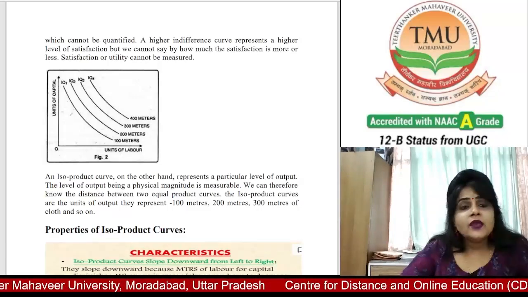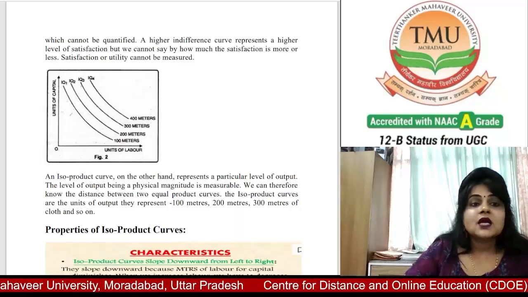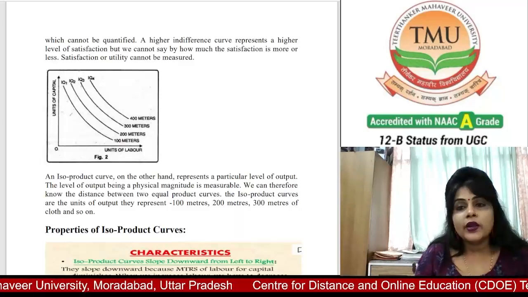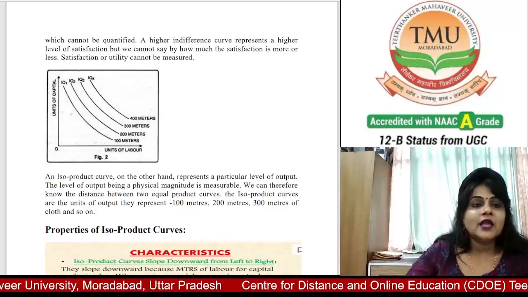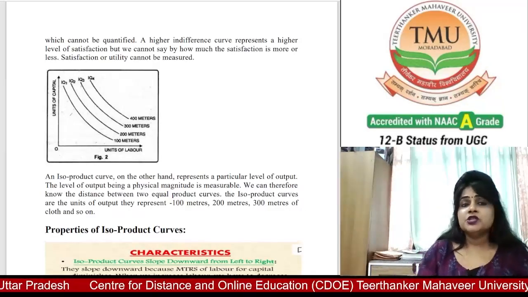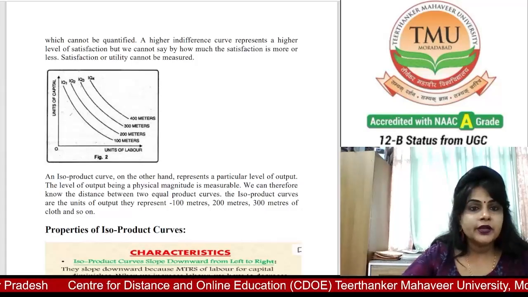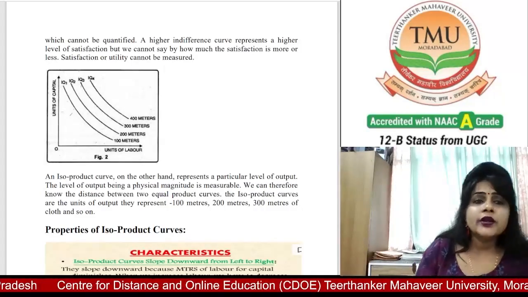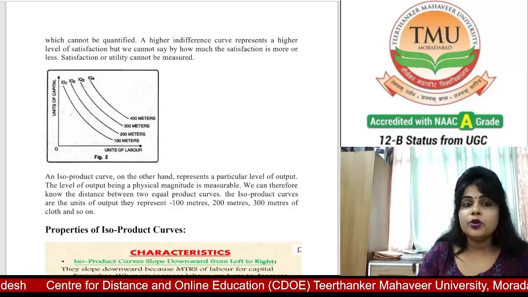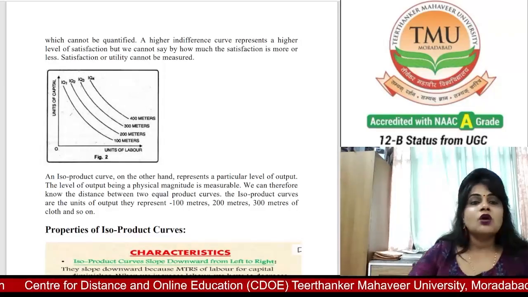So the iso curve map is the collection of isoquant curves in a single diagram, as you see here. So I already mentioned that a higher isoquant shows a higher level of output, as it consists of more quantities of inputs.